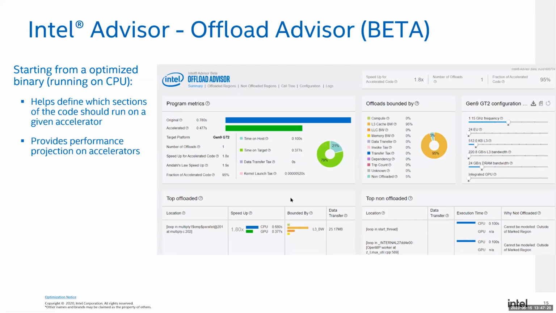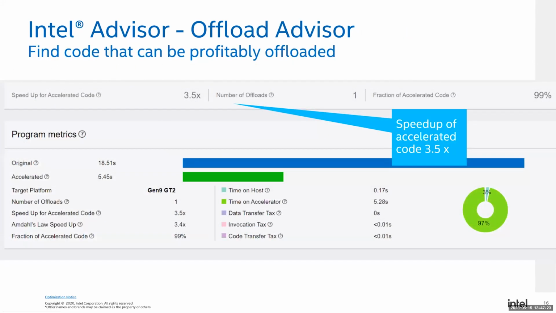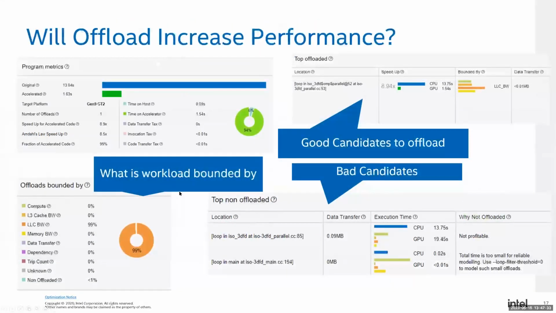So this tool gives you a summary saying that, okay, by accelerating you got to 3.5x in this example. It gives you all the statistics about which loops are good to offload and which loops are not a good idea to offload, right? Which mainly tells you that if you just let it run on the CPU, you will get better performance than offloading, because with offloading you will lose some time because of memory copy.